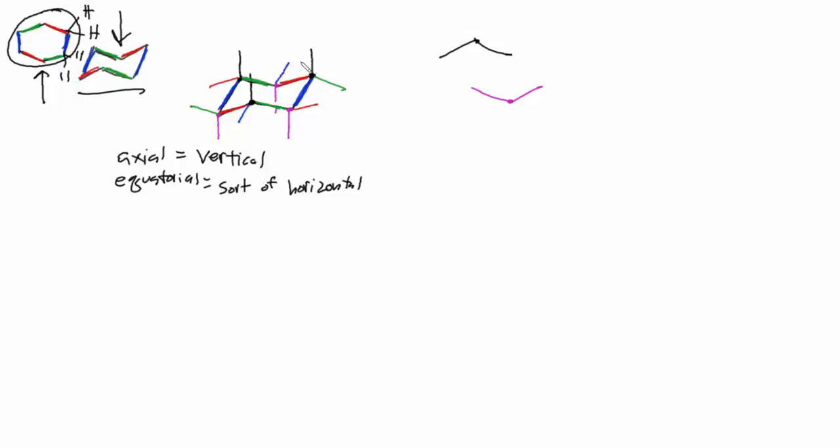So you'll notice that for an up carbon, we get up axial, down equatorial.